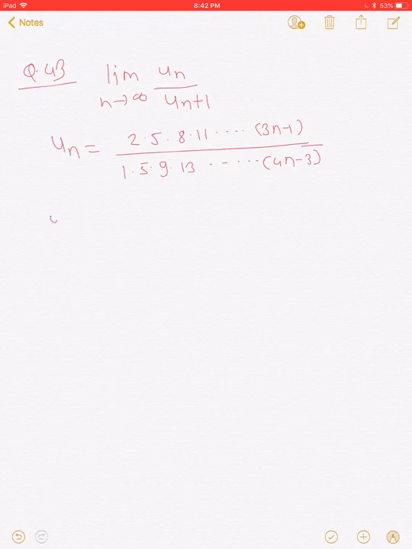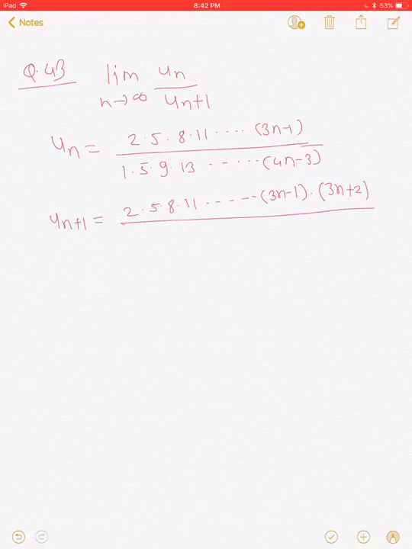So we can find its n plus 1th term just by replacing n by n plus 1. So this is 3n minus 1 into, just replace n by n plus 1, so it becomes 3n plus 2.